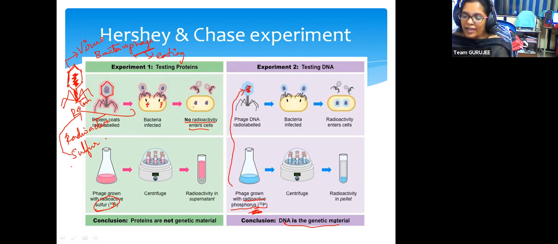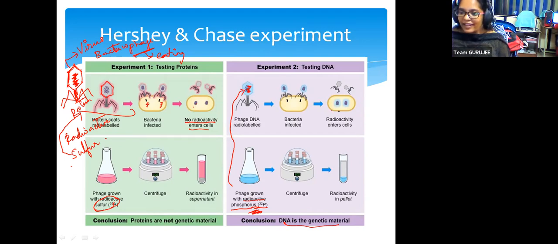They added two radioactive materials, sulfur and phosphorus. Sulfur combines only with proteins, but phosphorus combines only with DNA. After infection with bacteria, in the first experiment no radioactive material entered the cells.